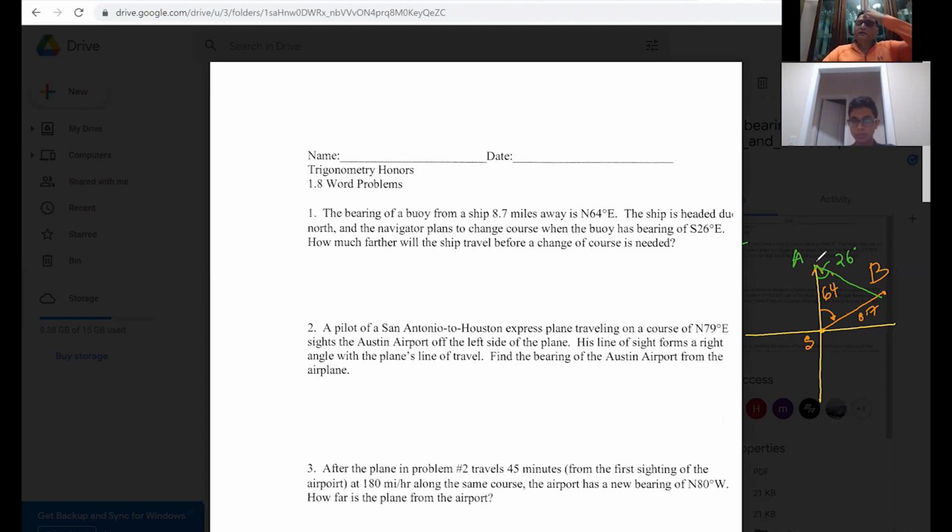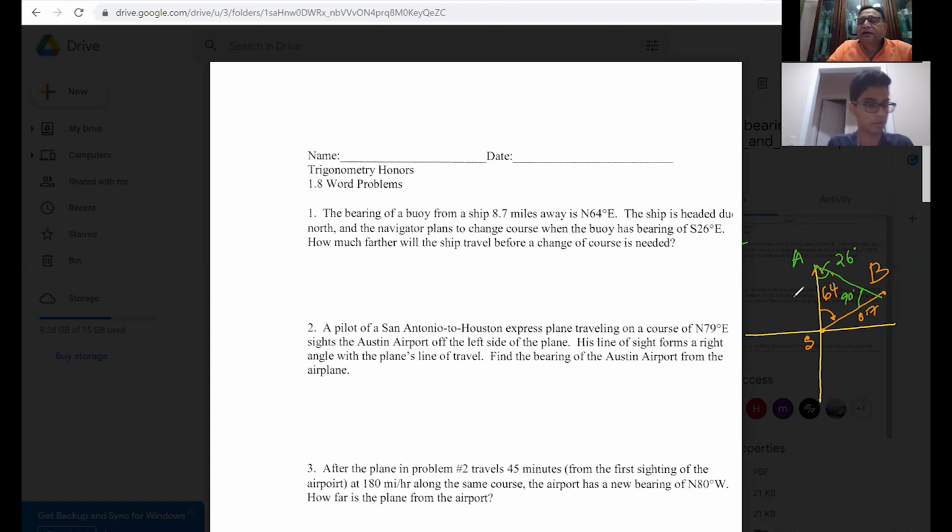So in this particular case, you are given one bearing, which is 64 degrees. So we have two angles. We can easily find the side, right? First, find the third angle, which is 90.